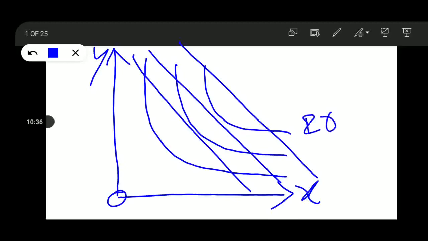So these are isoquant curves, and those that slope downwards are known as isocost curves.